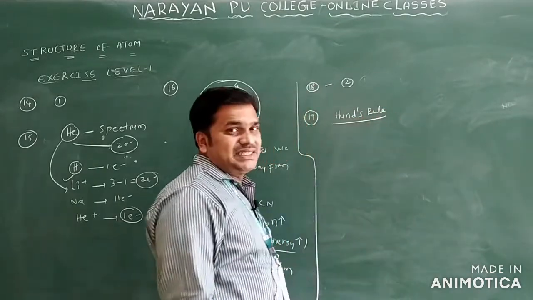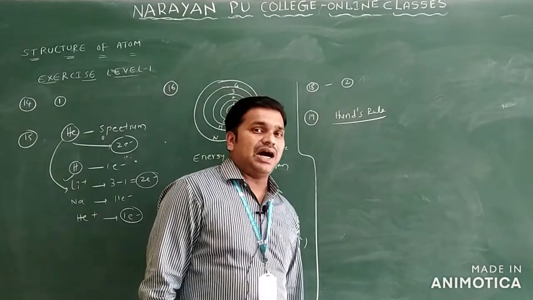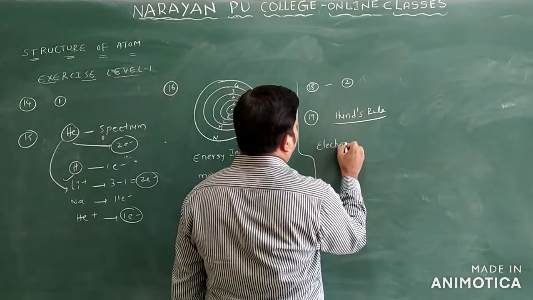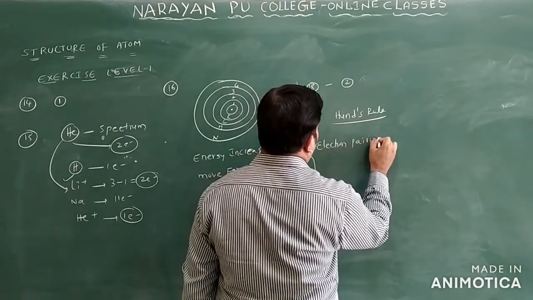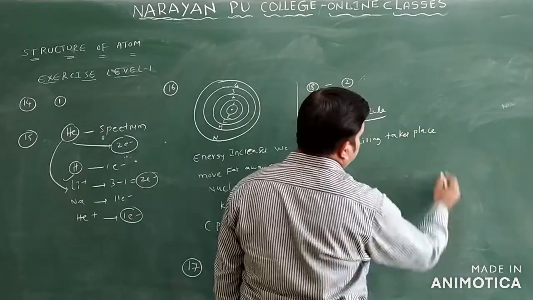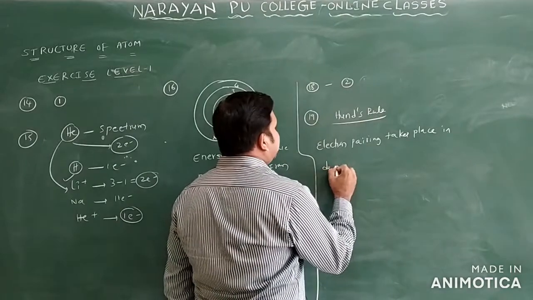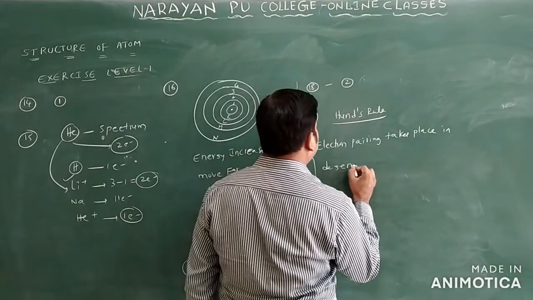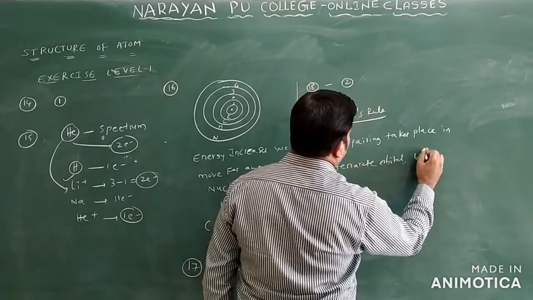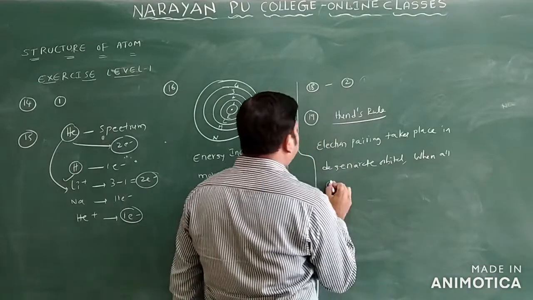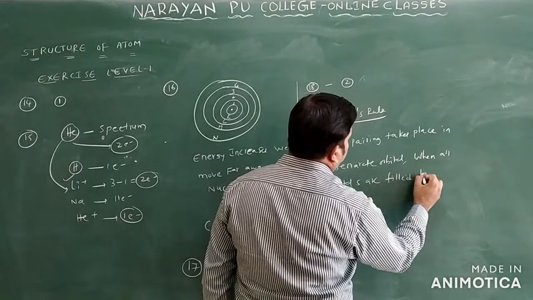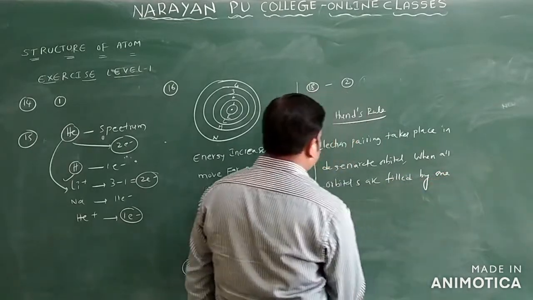Electron pairing takes place in degenerate orbitals when all the orbitals are filled by one electron each only.